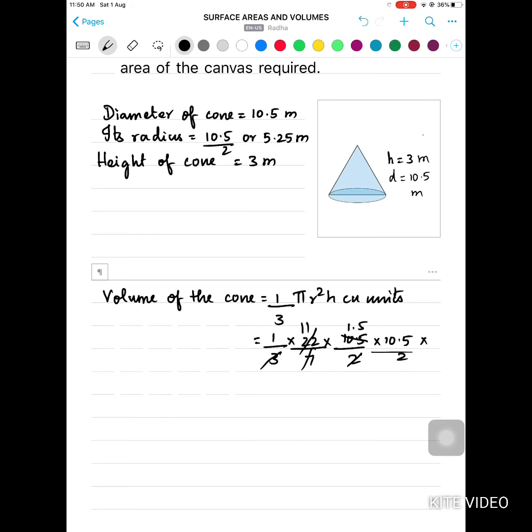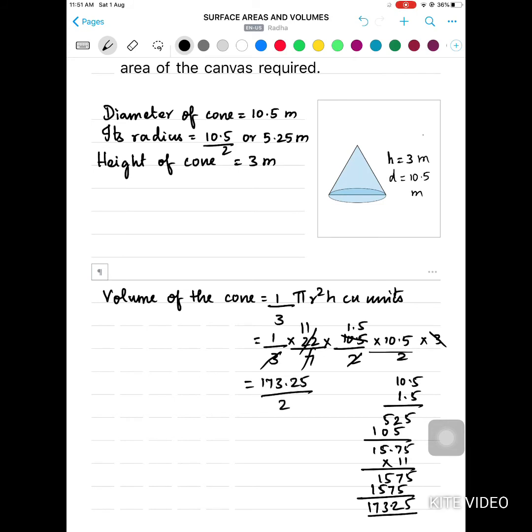So multiply the numerator. 10.5 into 1.5, that is 15.75 into 11, so it is 173.25 divided by 2.